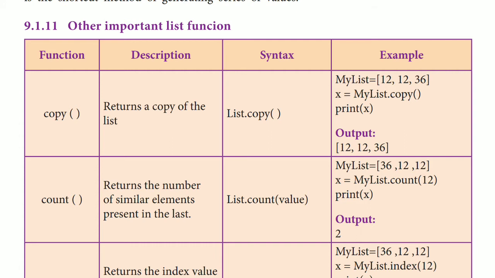This 12 is the element that is present in my list. The same element is at the first place and also at the second place, so the result is 2 here.